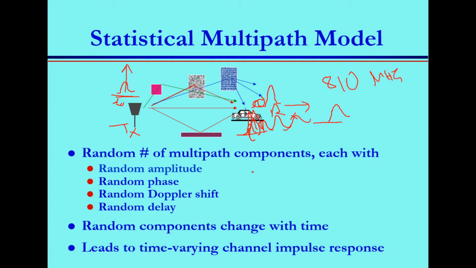Since it gets reflected off many objects, it reaches at different times, at different Doppler shifts, with different attenuation, with different phases. This, from n equal to 0 to n capital, represents the number of multipaths you have received at the receiver due to your environment. A represents the attenuation to your signal.